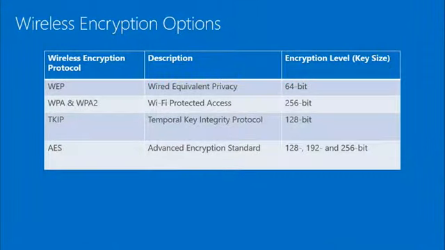If we look at the chart here, we see our wireless encryption protocols: WEP, Wired Equivalent Privacy; WPA and WPA2, Wi-Fi Protected Access. And notice the different encryption level key sizes on the right-hand side. So one thing that you do need to do is ensure that your wireless access points and your wireless devices use the same encryption option.